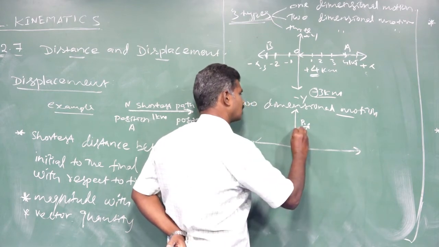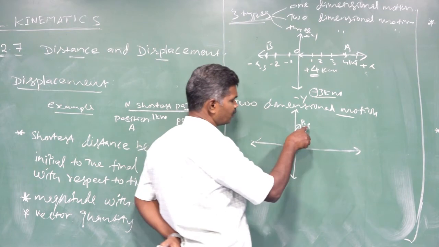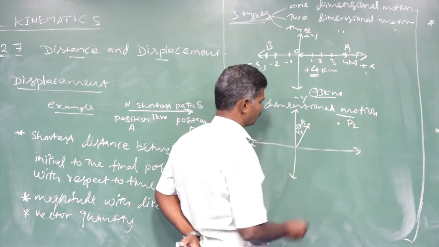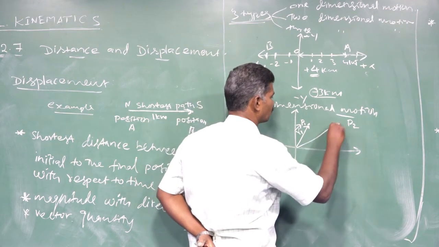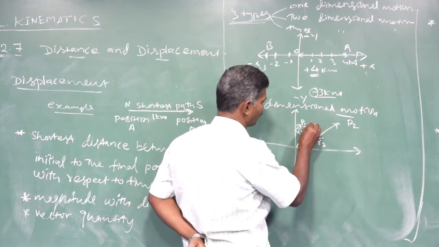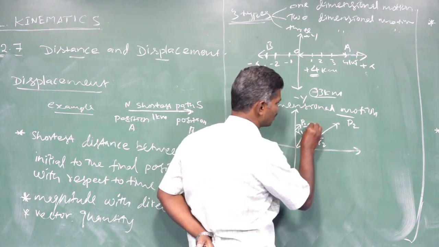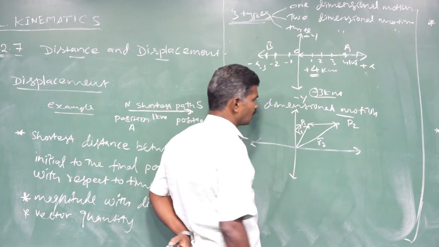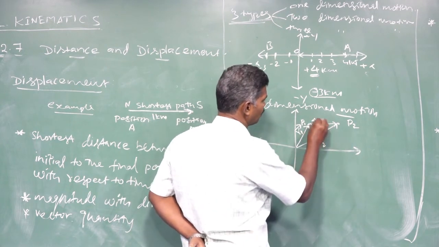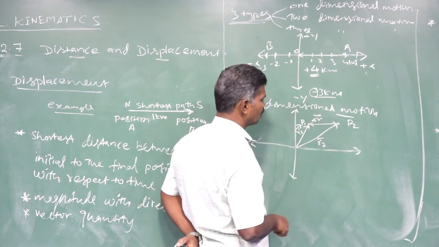This can be represented as the R1 vector. The particle moves from this P1 position to the P2 position, whose value is the R2 vector. The particle is moving from position 1 to position 2. This shortest distance is taken as the displacement, which may be represented as the del R vector, from P1 to P2.